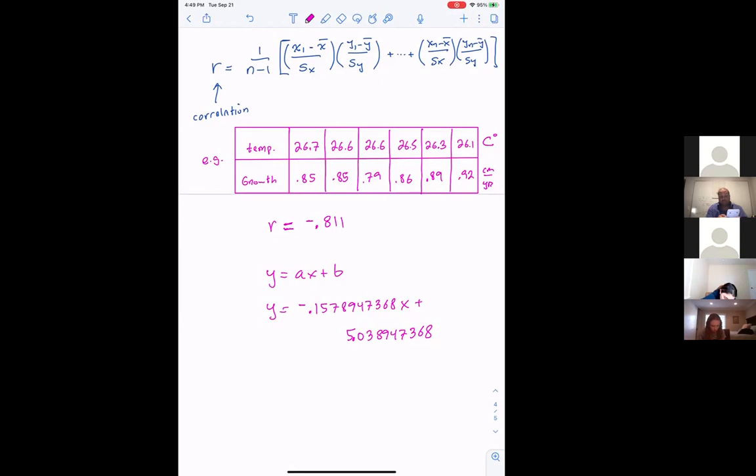Hit second stat plot, hit enter on plot one, and turn it from off to on.